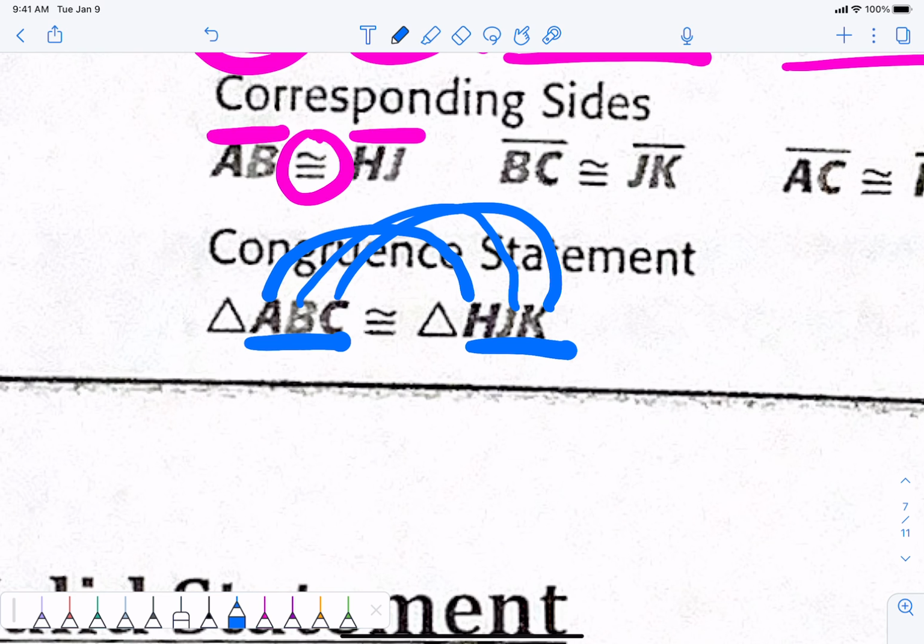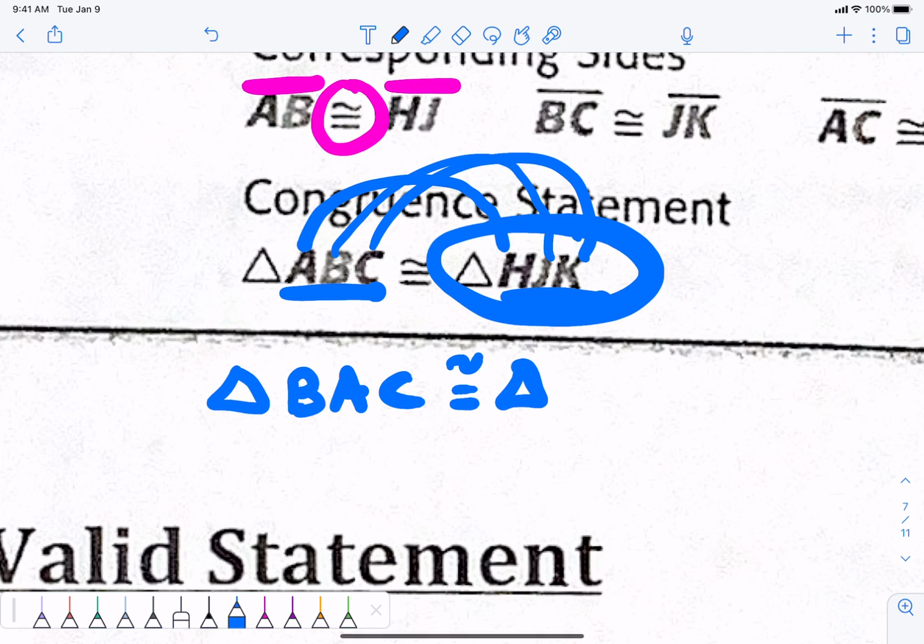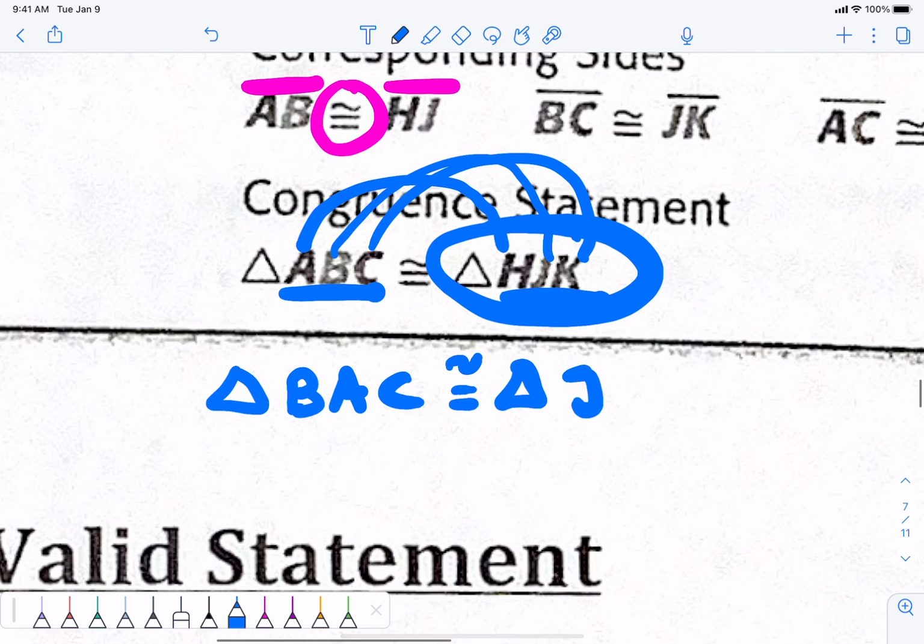Now, if you choose to write it out, let's say as triangle BAC, that is fine, but if you write it out as BAC, what order do these have to go in? JHK, right?